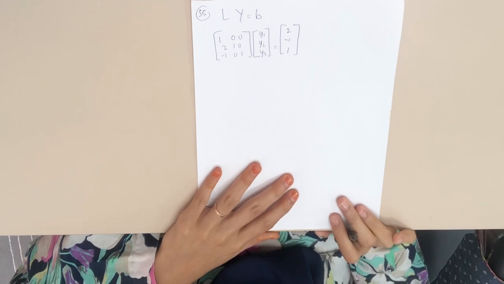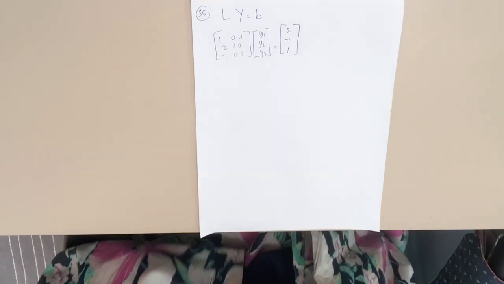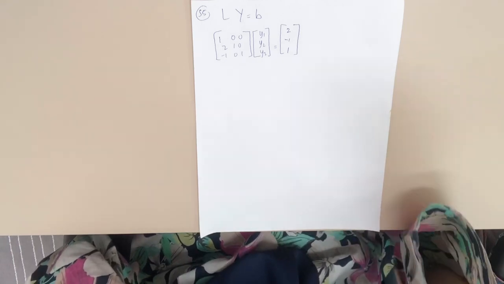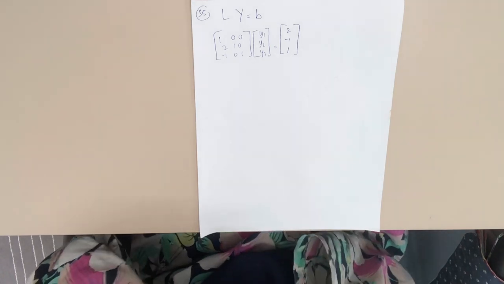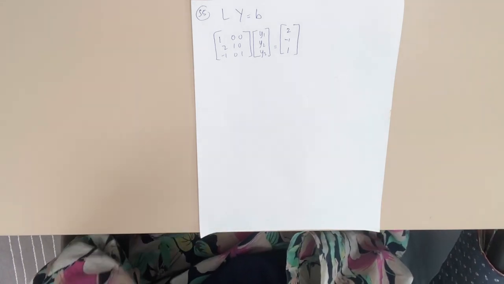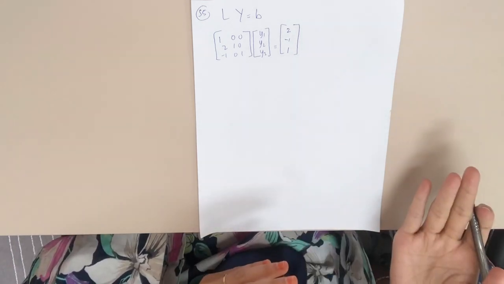Now here you need to find the values for Y. If you recall the Gauss elimination slide, I said there are two: forward substitution and also backward substitution.